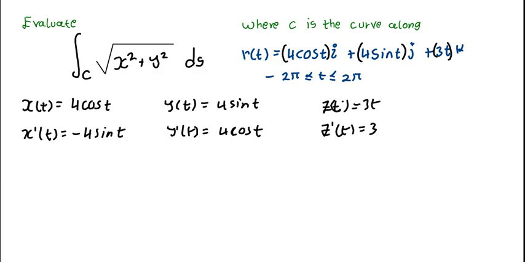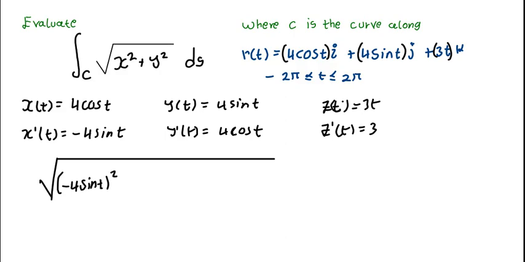Okay, so if we introduce that square root, let's see how this is going to end up. Here we are going to say x prime of t squared, which is minus 4 sine t squared. This is going to give us positive 16 sine squared t.